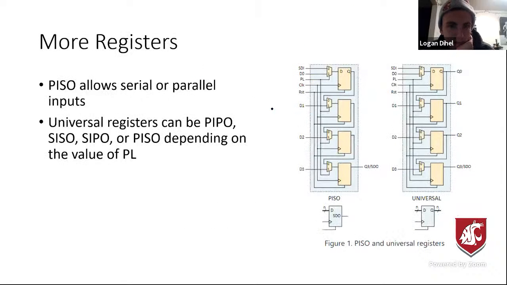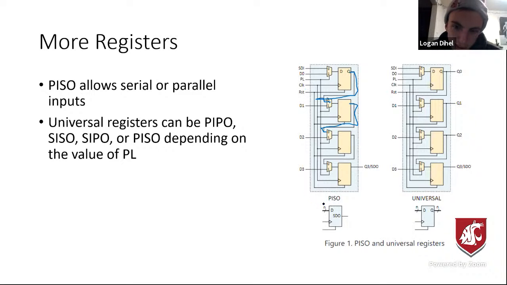And then here's a PISO. This is very similar to the SISO. You see the feedback loop right here, or the feed forward loop. The only difference is that we have these muxes added that allow us to either load serial data in or parallel data in.